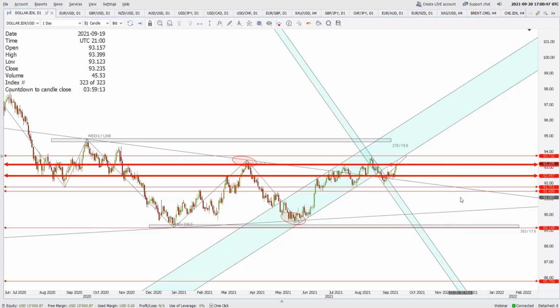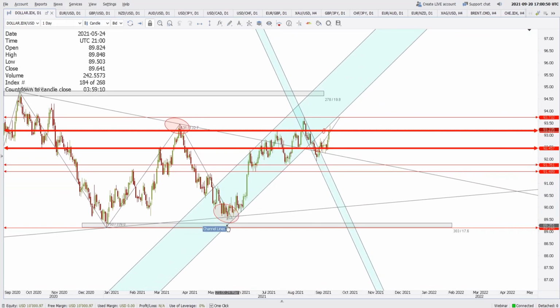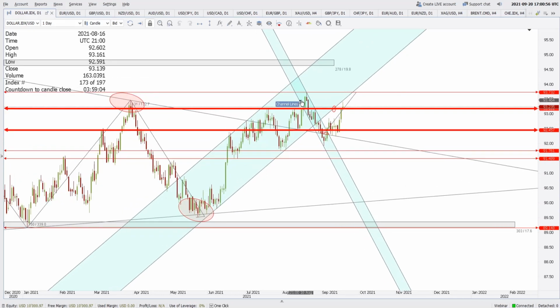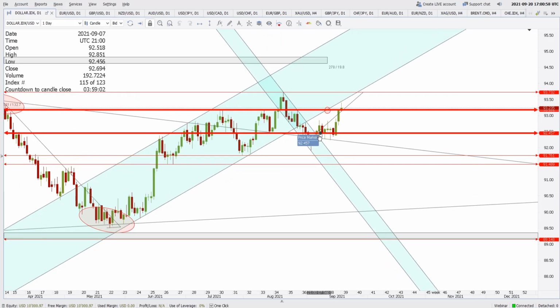But the problem here is that the price has broken below this rising channel. Now this rising channel has been broken and price seems to be testing it now. This dollar index looks as if it is going to test this resistance of 93.73 tomorrow or the day after, on the 23rd, 25th or 26th.